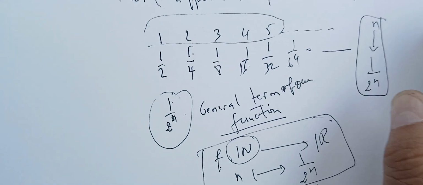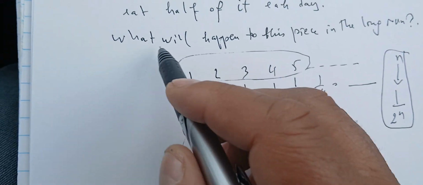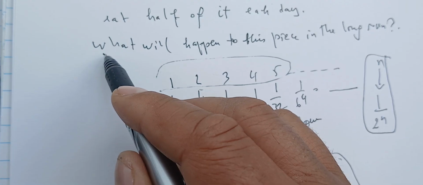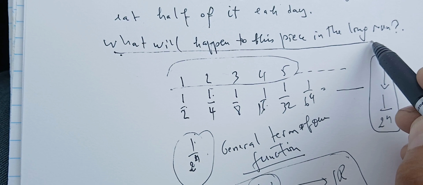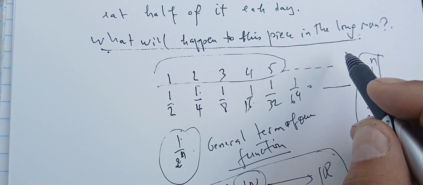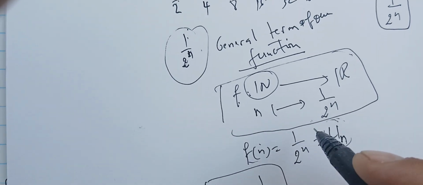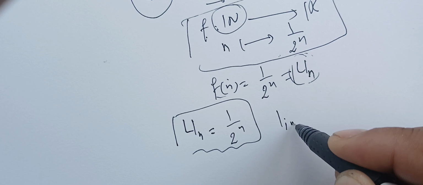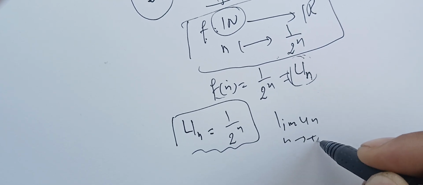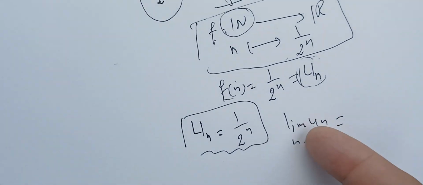Okay. As time keeps moving, what's going to happen? The question is: what will happen to this piece of bread in the long run? That means the limit. This is asking us about the limit of u sub n as n goes to infinity. Clearly we can use logic to get this one.